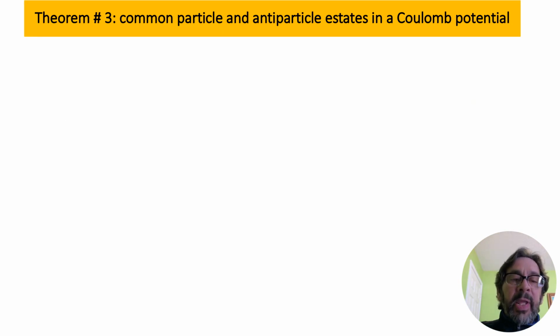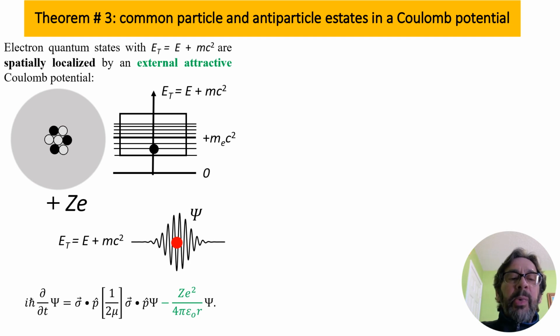Let's see an application of theorem number 3, common particle and antiparticle states in a Coulomb potential. It is very well known that electron quantum states with total energy E plus mc2 are spatially localized by an external attractive Coulomb potential. The example is the hydrogen-like atom.